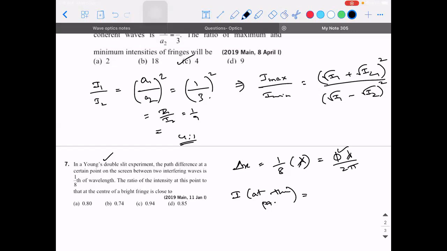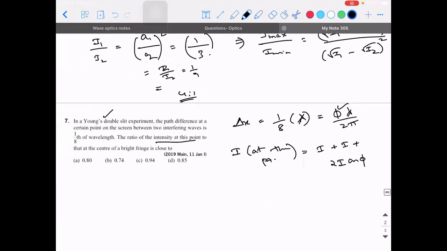So, the question says the ratio of intensity at the point. If I need to calculate the intensity at that point, I need to apply the formula I plus I plus 2i times cos phi, because here I took I1 and I2 to be the same. If in any problem I1 and I2 are not mentioned, by default you can take them as the same values.